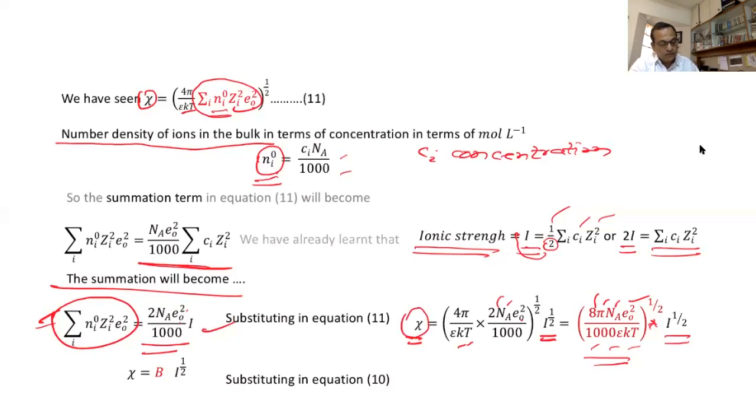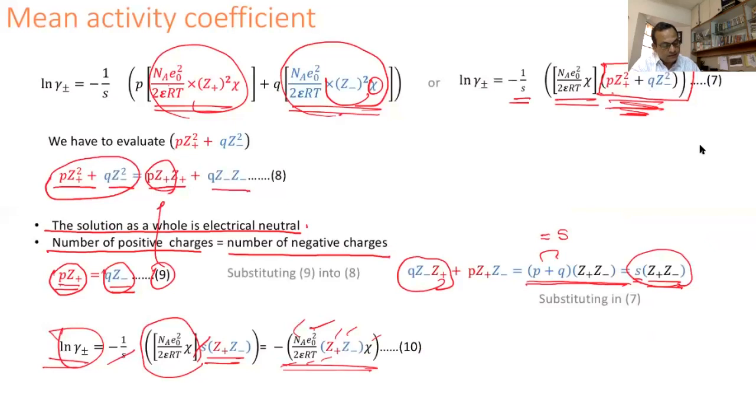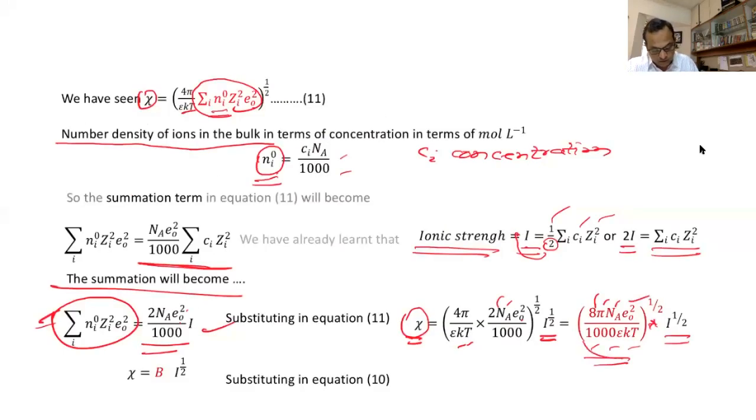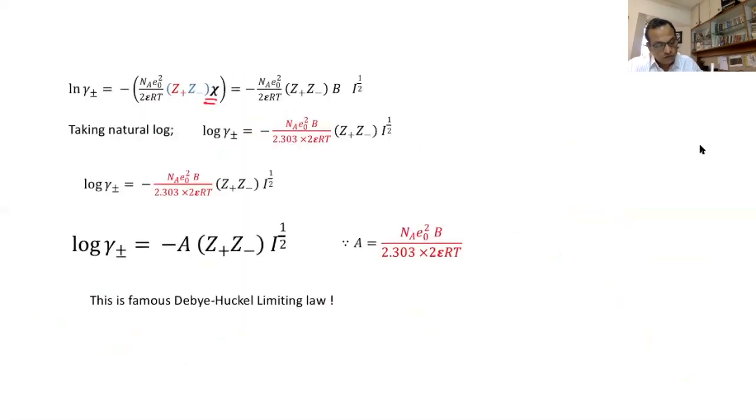Now I know what chi is. So I can substitute this chi into this equation now. What I am going to get is this. So I am putting chi into my equation. Chi is equal to this.